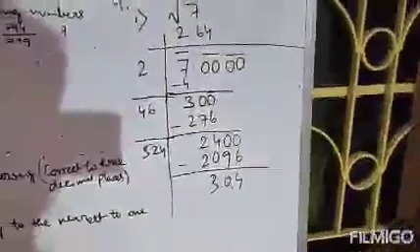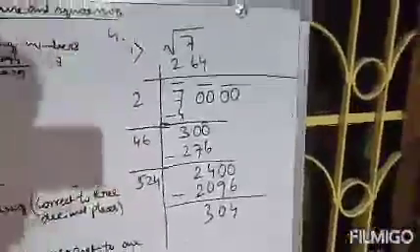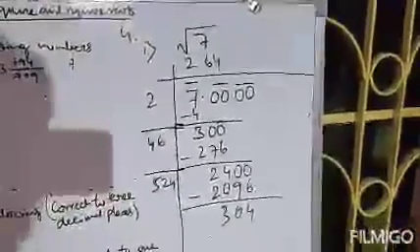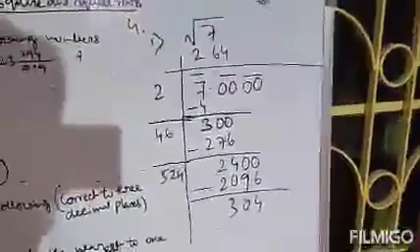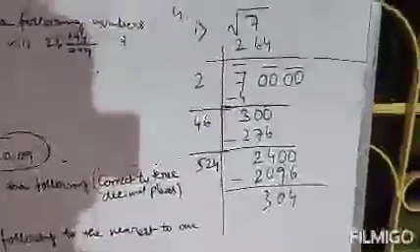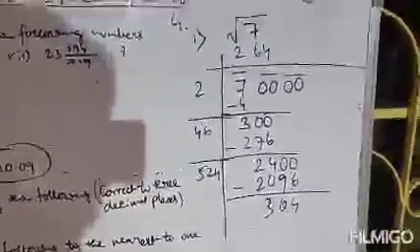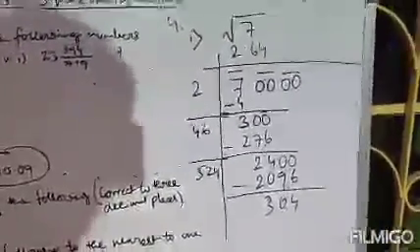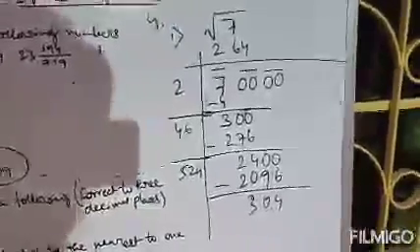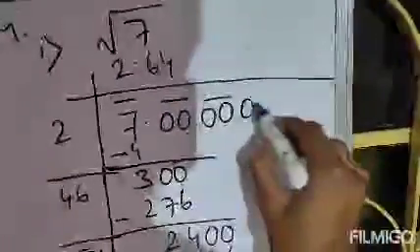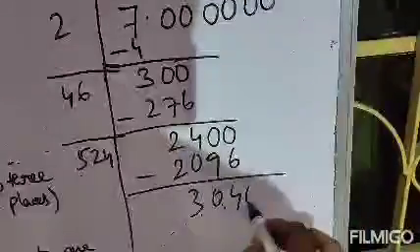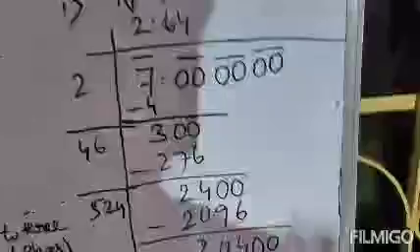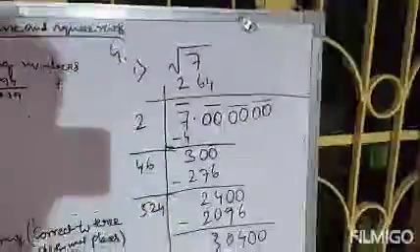This is 304. Next, now after the decimal only 2 digits were taken, we will take 4 digits. As the question says correct to 3 decimal places, we will take 1 digit extra. That means we will take 4 digits after the decimal. Only 2 digits were taken, so zeros were used. Total 4 zeros were used, so we will take another 2 zeros. These 2 zeros will come over here. Clear? Now this is 264.